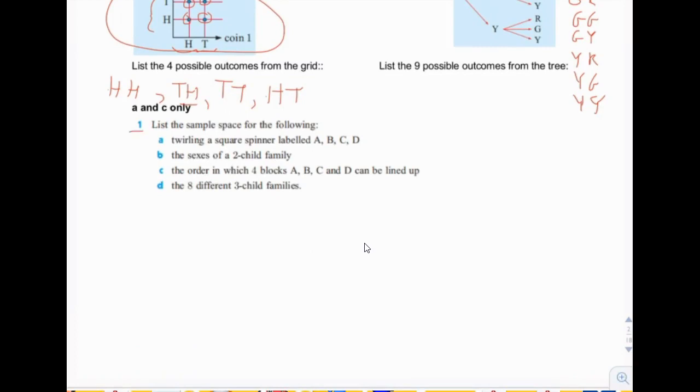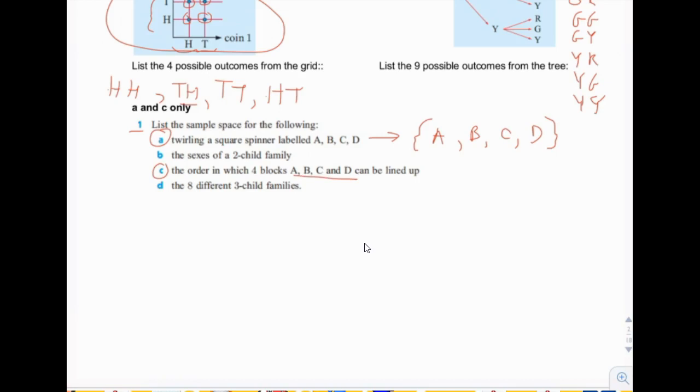List the sample spaces for the following. Twirling a square spinner labeled A, B, C, D. Oh, okay, a square spinner labeled A, B, C, D could give results or outcomes of A, B, C, and D. If you put them in a list like this, you could put them in brackets like they're in a set. Now C, the order in which 4 blocks A, B, C, D can be lined up.